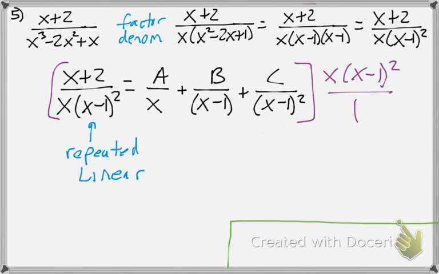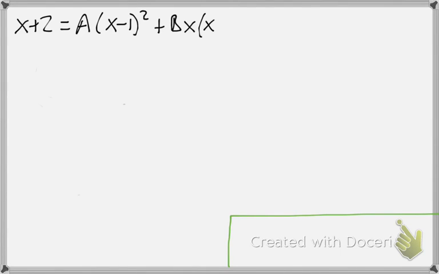And let's go to another slide. So it's going to be the x plus 2 that's left over on the left. We have an a times x minus 1 squared plus b times x minus 1, and then plus c times x.